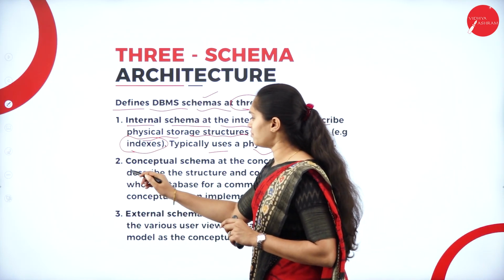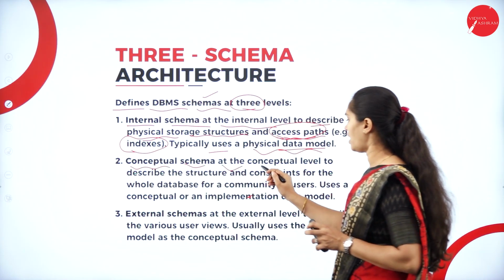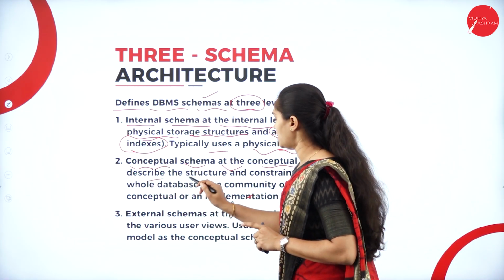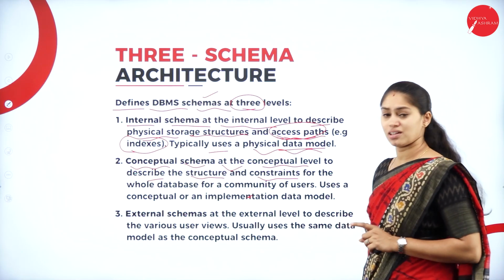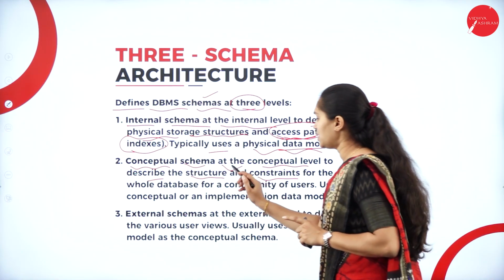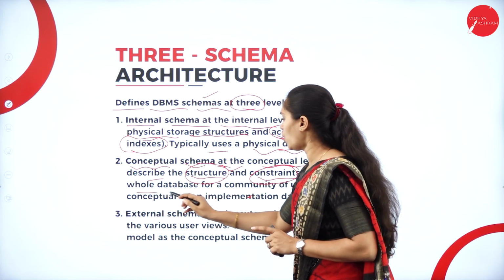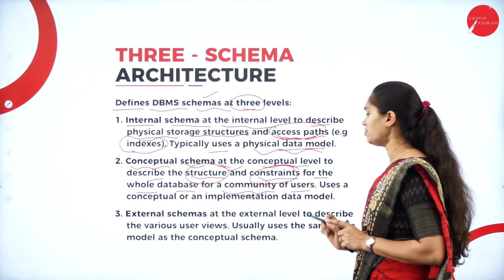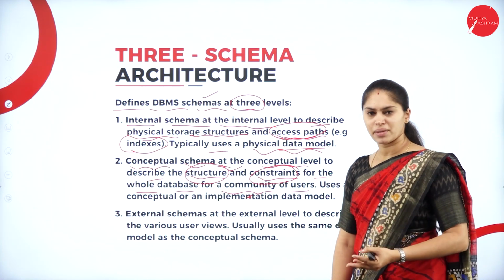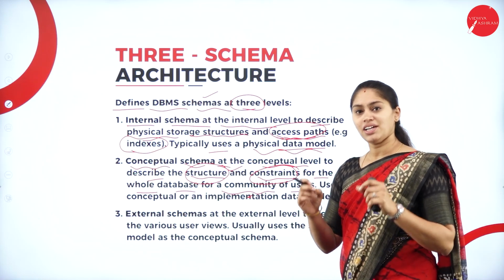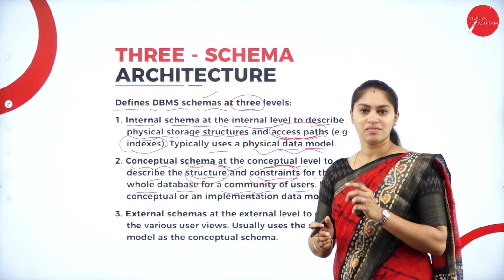So what is the second level we have? That is the conceptual schema at the conceptual level. Why are we going to use that? In order to describe the structure and constraints. It defines the structure and constraints for the whole database for a community of users. If I'm sending some request, that request needs to satisfy the structure and obey the constraints they are following.